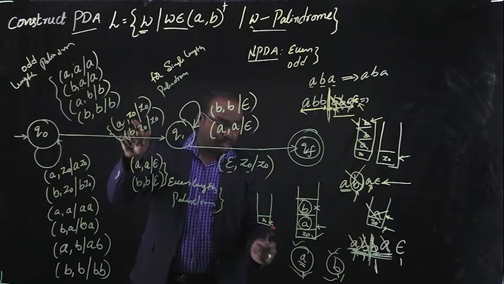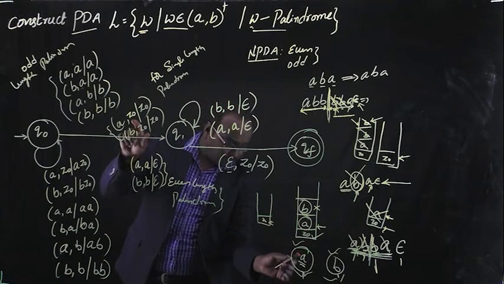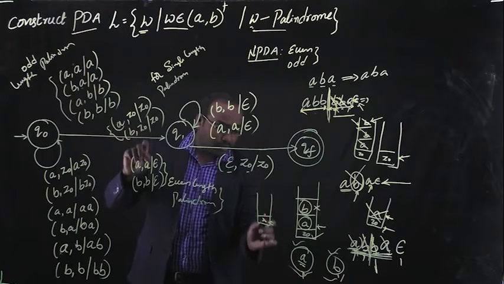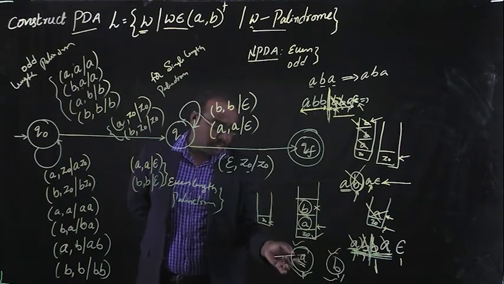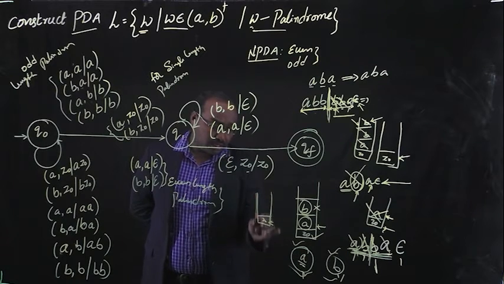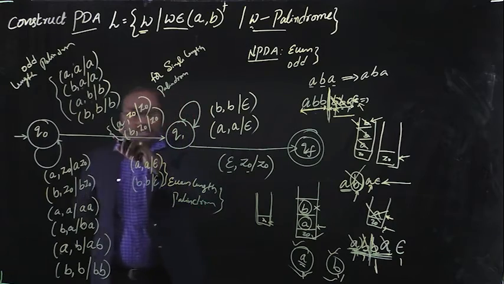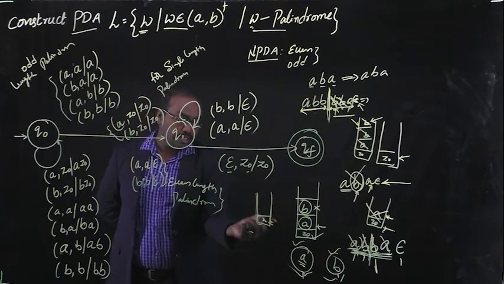For example, A is a single input symbol and we start from the beginning of the stack. In this situation we leave Z0 as Z0. If the input symbol is A and the top of the stack is Z0, then leave Z0 as Z0.